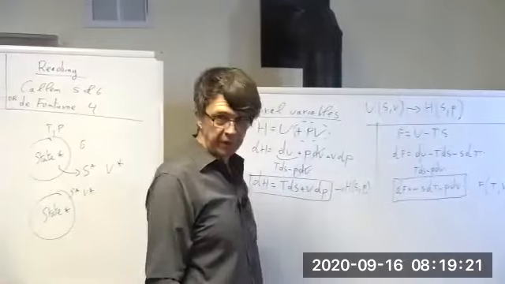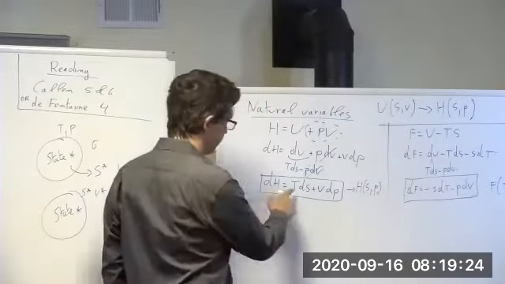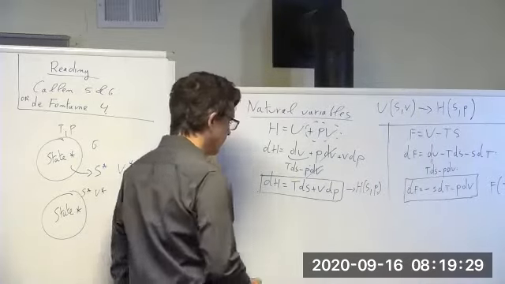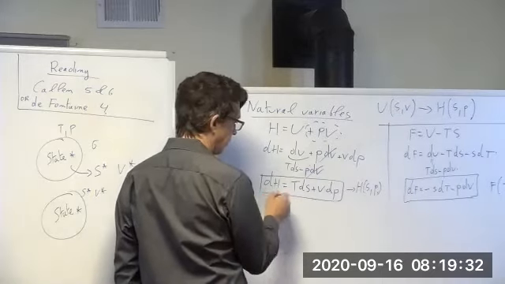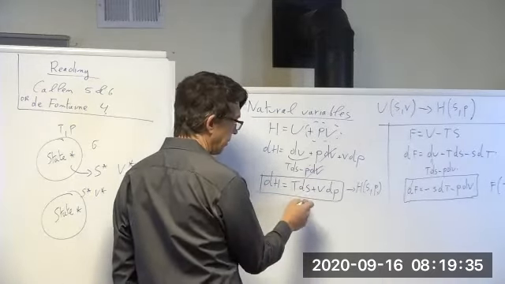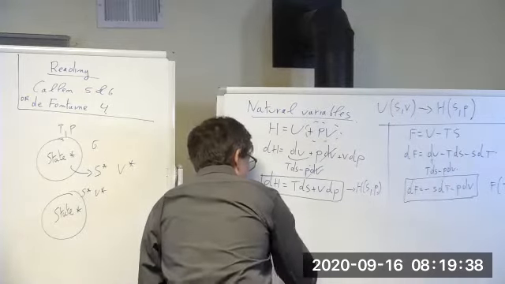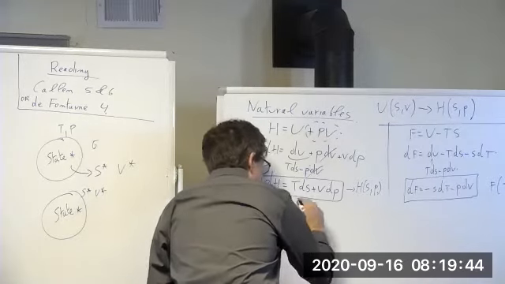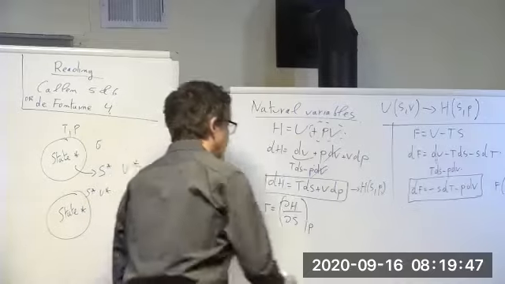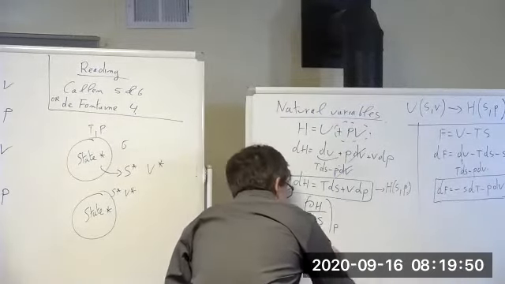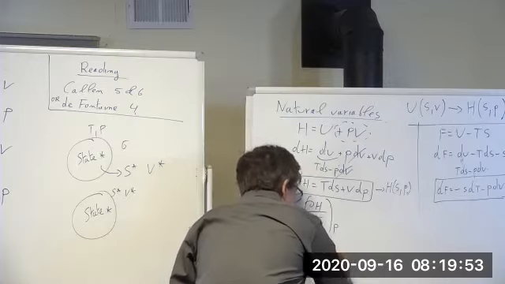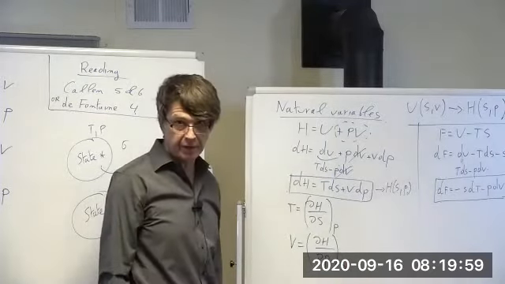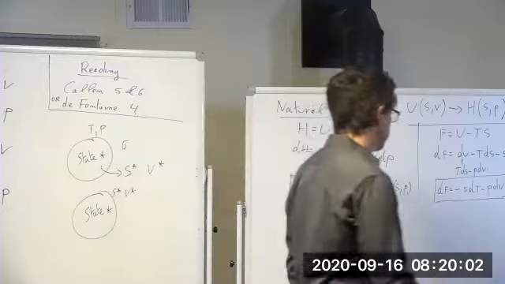In each case, you can also write the equations of state. The intensive variable here, the thing in front of the differential, has to be the derivative of the potential with respect to the variable in the variation. So here, that means that the first equation of state is that T is dH/dS at constant P. And V has to be dH/dP at constant S. So those are the equations of state in the enthalpy formalism.